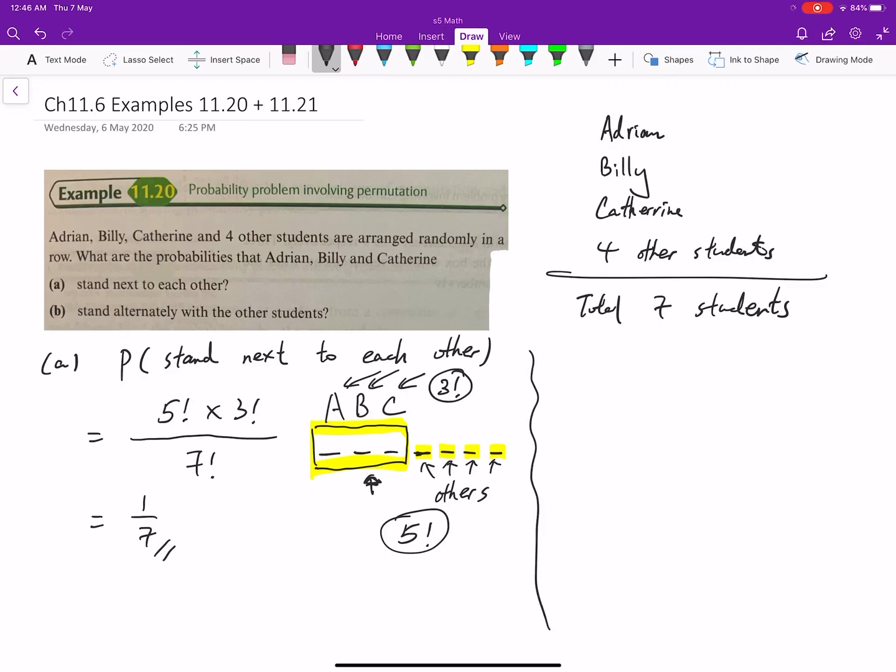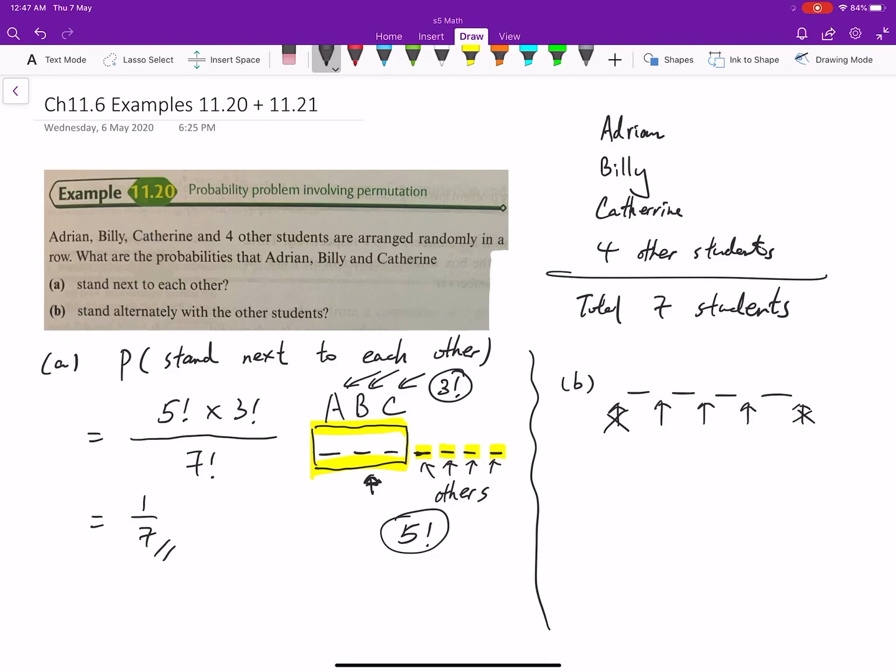Now we go to part B. Stand alternately with other students. Understand the question first. Here, alternate means you have a student, and for these 4 we put the other students, and then ABC means Adrian, Billy, and Catherine. You need to put them here, and you cannot put them here, because you need to alternate with other students.